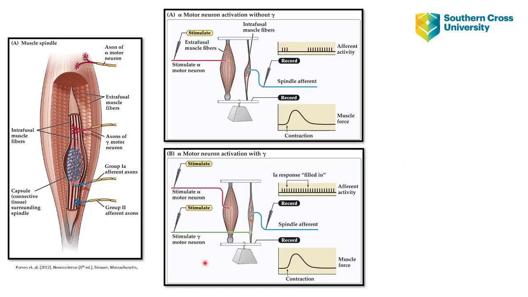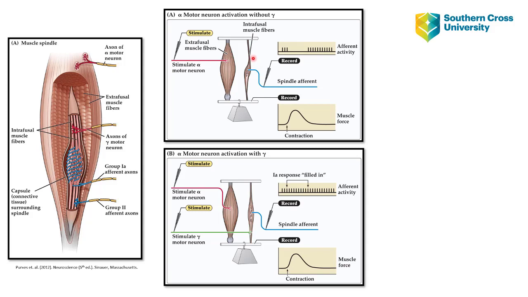And so what about if we talk about those gamma motor neurons? So we were just talking about these group 1 and 2 afferents going into the spinal cord and having direct input onto the alpha motor neuron pool of the muscle that was stretched. And that then comes back out here and causes contraction of those extrafusal fibers.